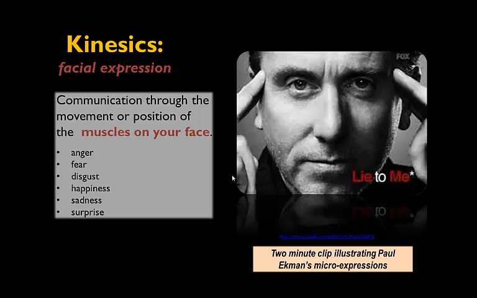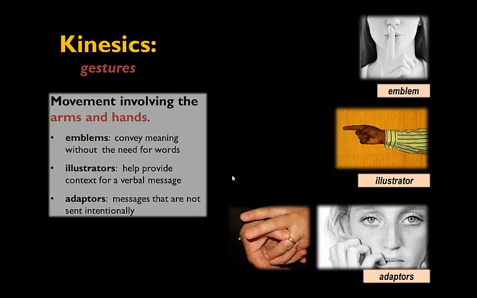Okay, I'm assuming you're back after watching the YouTube video, and so next we're going to talk about another category of kinesics, which is gestures. The thing about gestural communication is that it can convey meaning all on its own.